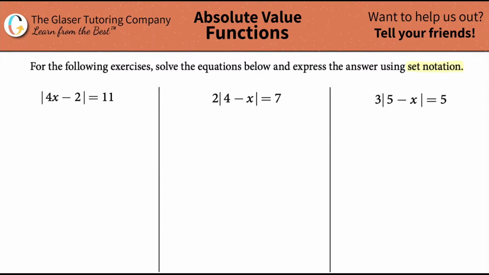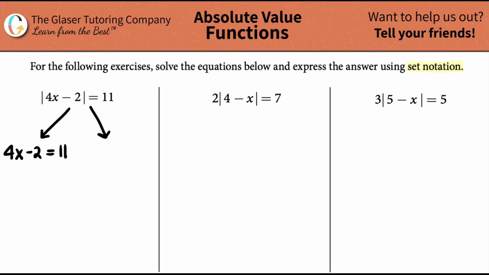So, if you think that you can't go any farther, the next step is to break this equation into two. The absolute value is always going to give you the positive answer. However, there's a secret negative answer, and that's how we progress further. Once you split this into two, you say 4x minus 2 equals 11, that's what was given.